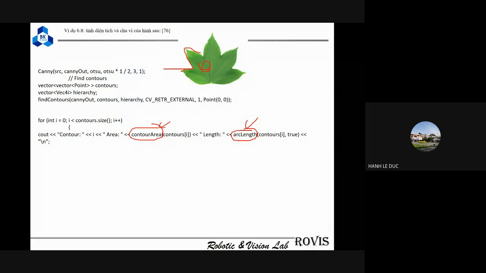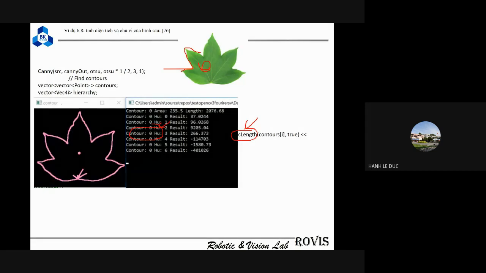So this is the result you can see. This is the length. Okay, so this is the length of this.